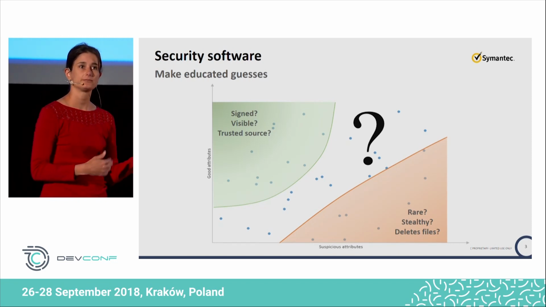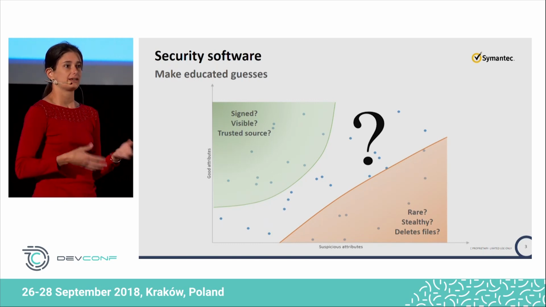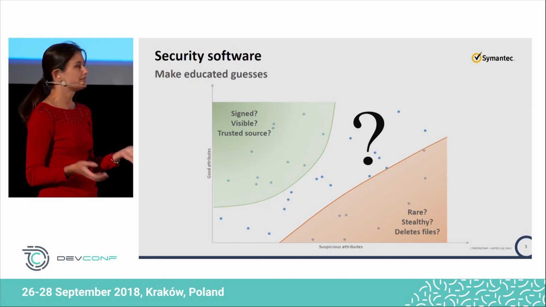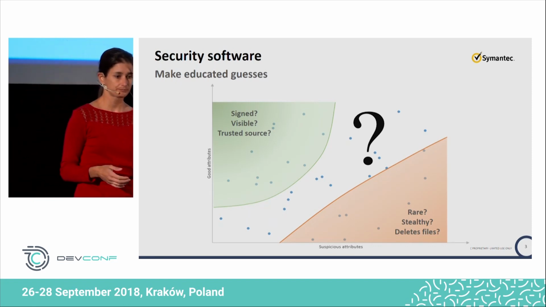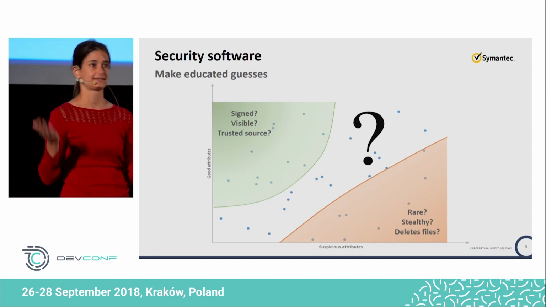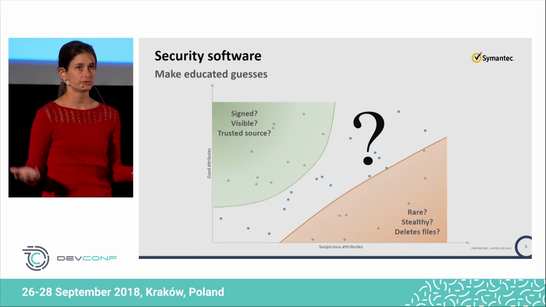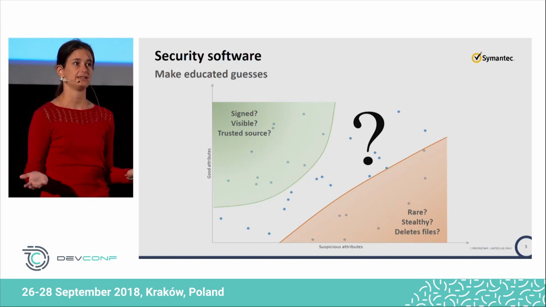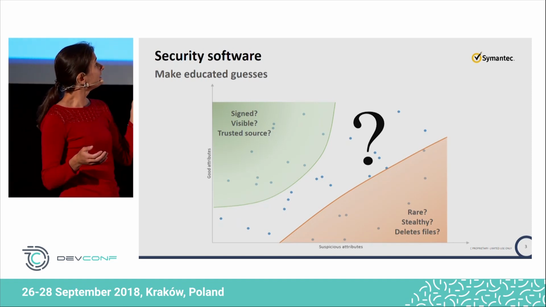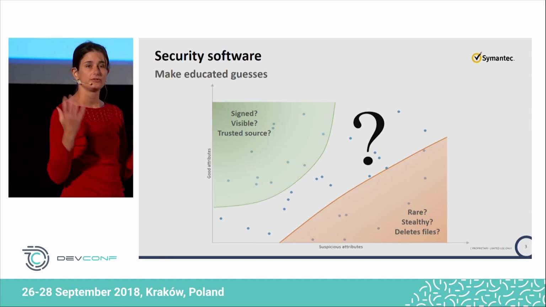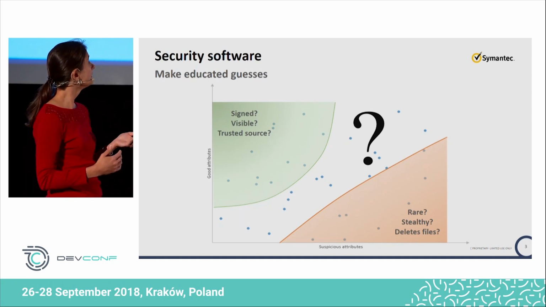Where it comes from, have I seen it before, what does it do, is it something I know is malicious, is it trying to hide itself, what is it doing? And then it's going to balance all those attributes using machine learning algorithms, or decision trees, or static detections. And it's going to decide to create a report or not, an alert.